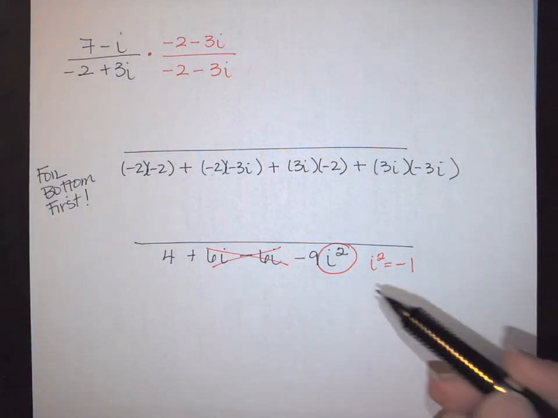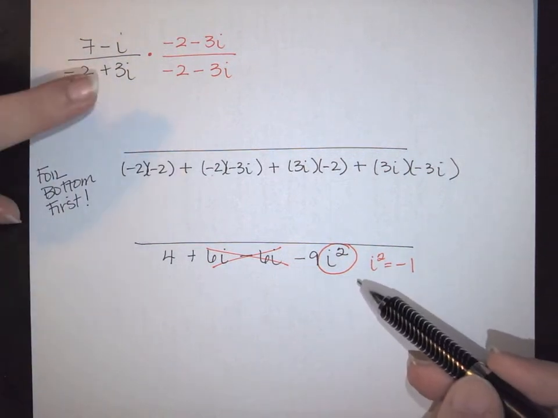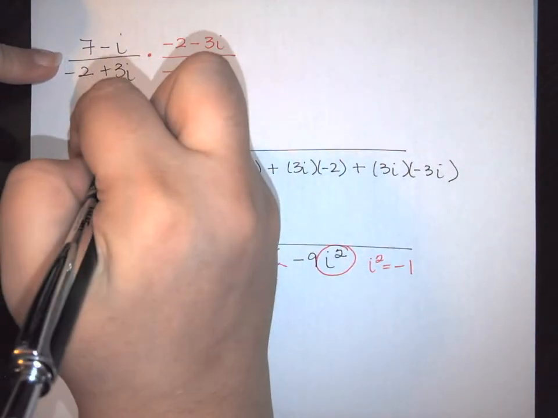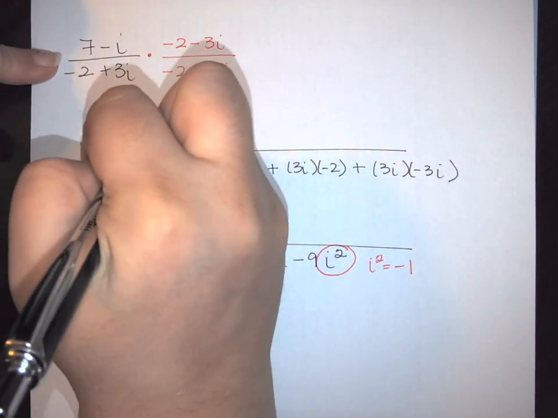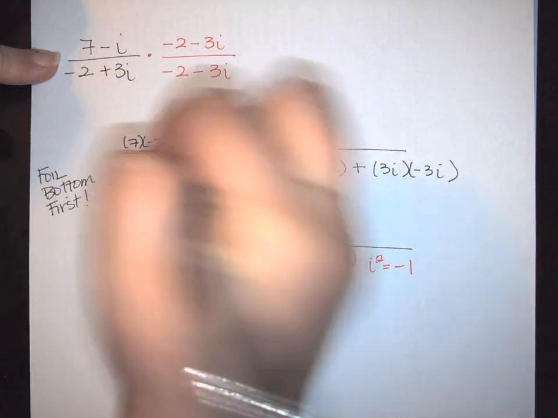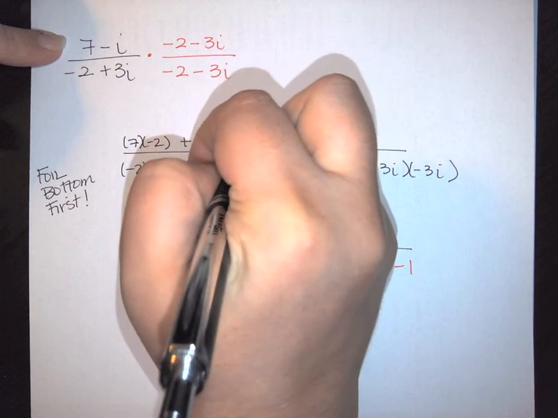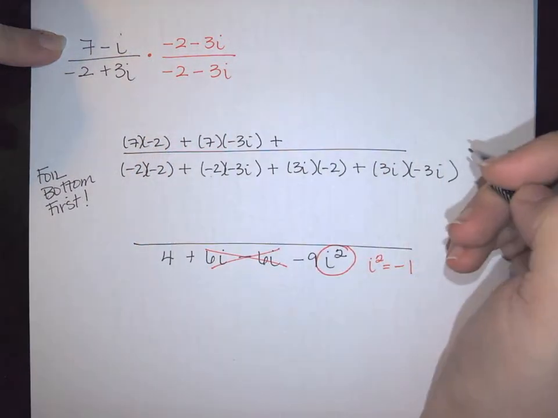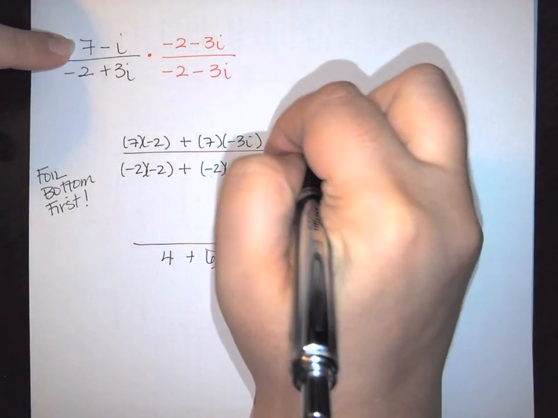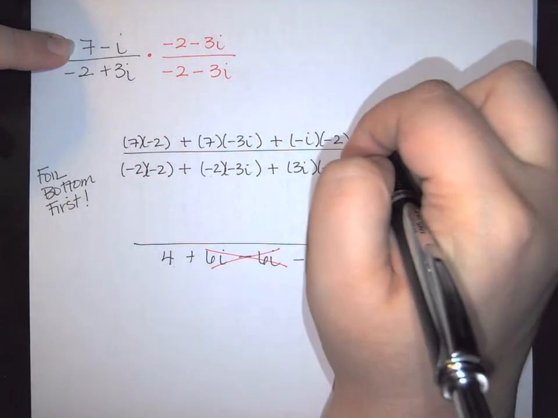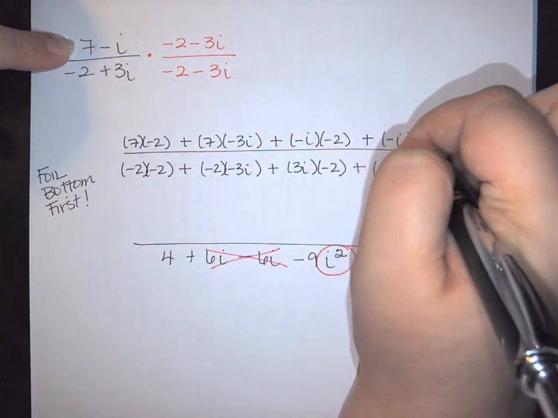Since I verified that I did it right, I can go ahead and FOIL across the top. So across the top, my first term is going to be 7 times the -2. Add it to my outer terms, 7 times -3i. Add it to my inner terms, -i times the -2. And add it to my last, -i times the -3i.